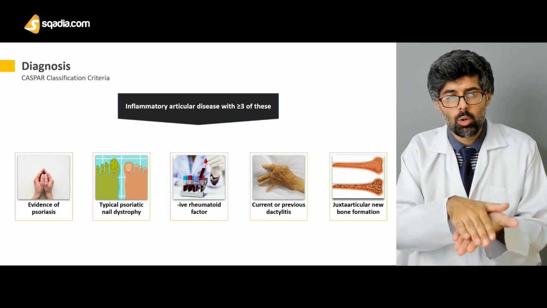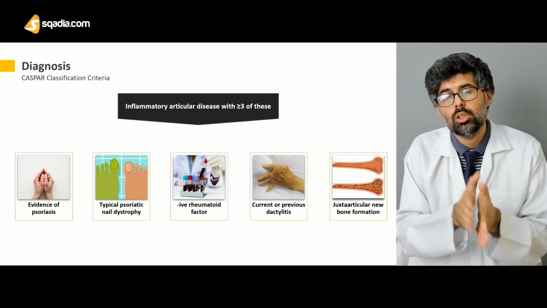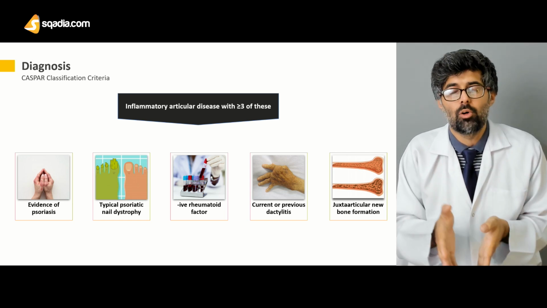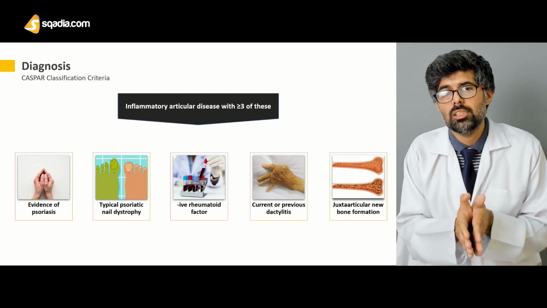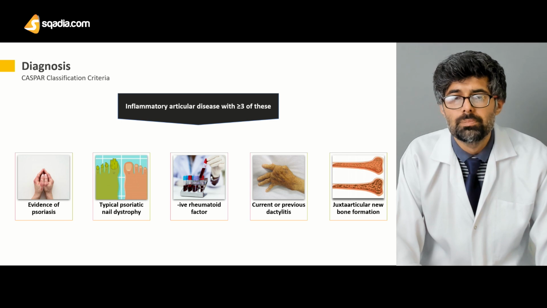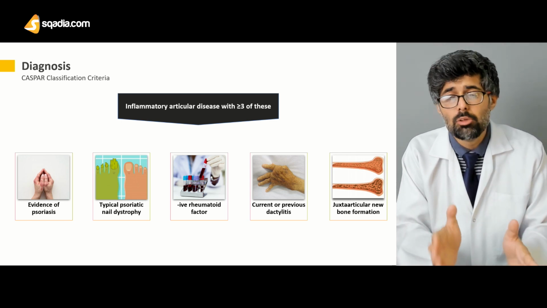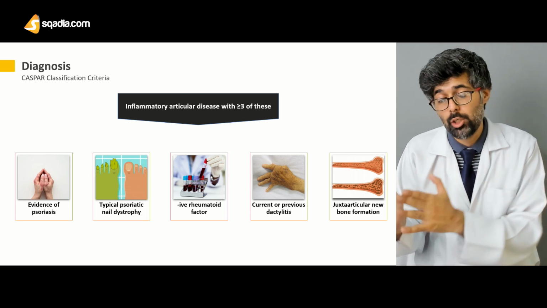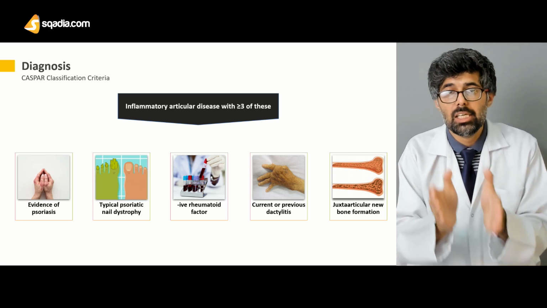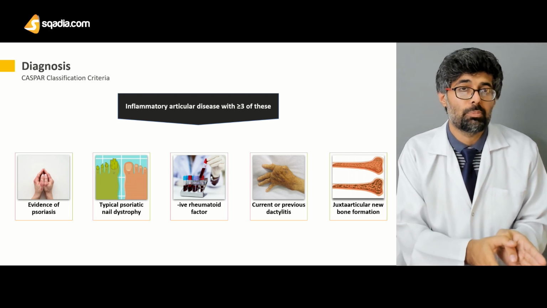And narrowing of the space between the bones along with reactive bone formation is usually considered a hallmark of psoriatic spondyloarthritis. So an inflammatory arthritis with any three of these will, according to the guidelines, give you a clear diagnostic criteria to diagnose the patient.